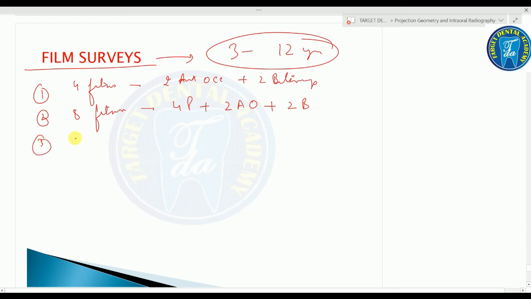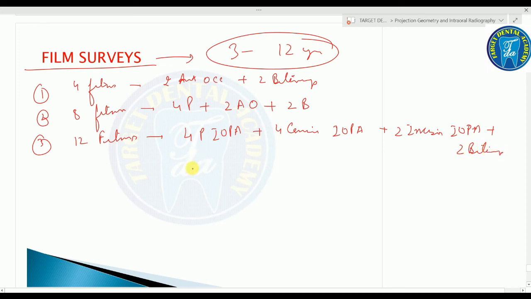Third one is the 12 film survey. It includes the 4 posterior IOPA plus 4 canine IOPA plus 2 incisor IOPA plus 2 bite-wings.